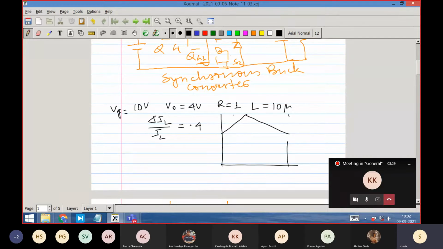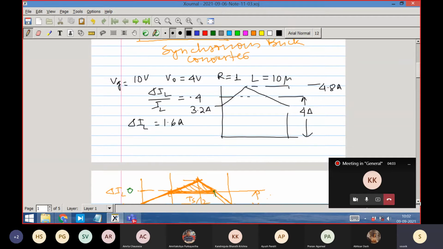The average value is 4 ampere, and ripple delta IL is therefore 1.6 ampere. This is symmetric, plus minus, so the top peak will be 4.8 ampere and the bottom will be 4 minus 0.8, which is 3.2 ampere.